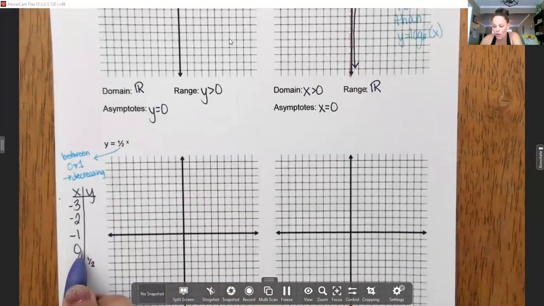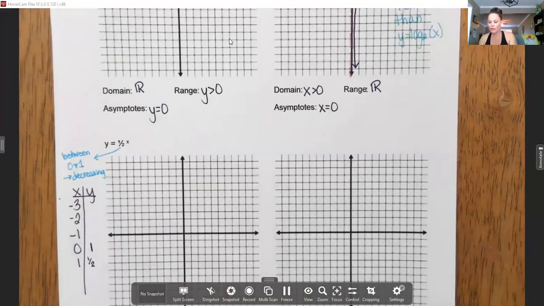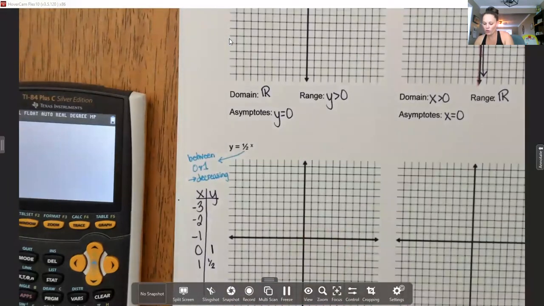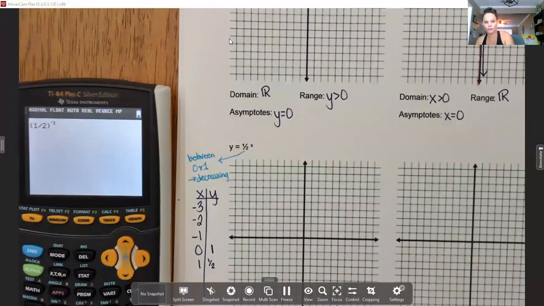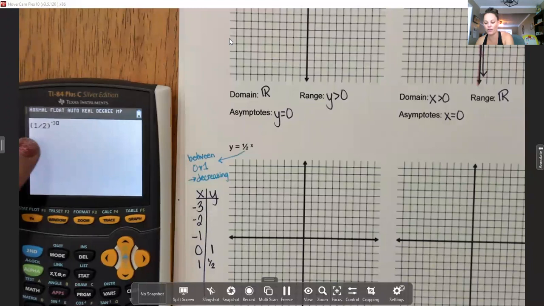If I plug in 0, 1/2 to the power of 0 we know is 1. But just kind of showing you, so 1/2 to the power of -3. Make sure if you use your calculators, you put the 1/2 in parentheses or make it a 0.5.